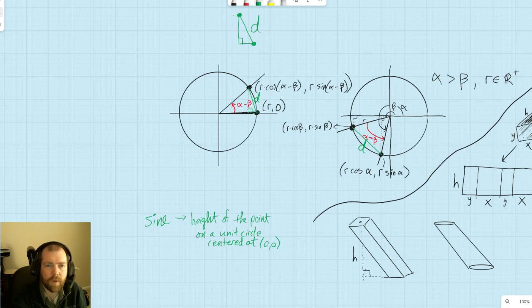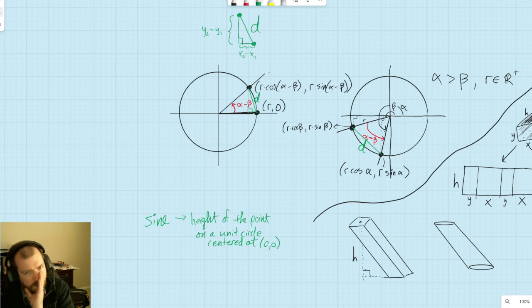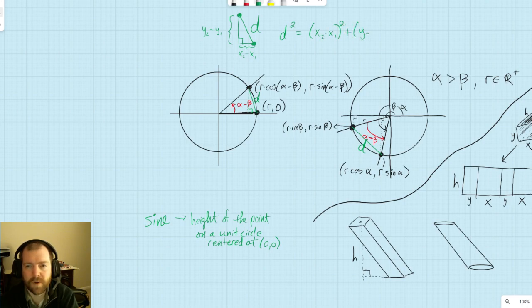What we want here is the distance in the y direction, which is often written as y2 minus y1, and the distance in the x direction, x2 minus x1. So here we now have a right triangle, so we can create the Pythagorean theorem based on that. So d squared is going to be equal to parentheses x2 minus x1 squared plus parentheses y2 minus y1 squared.